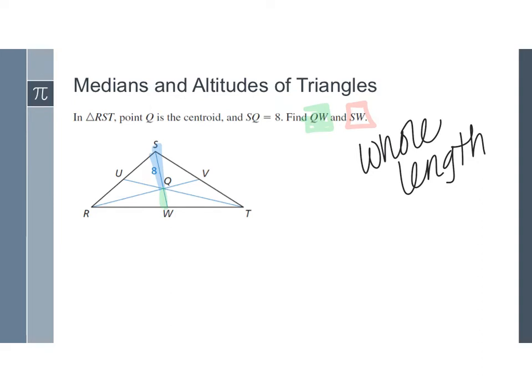I don't know if I'm going to do this significantly more complicated than normal, but let's give it a shot. If SQ is 8, and I know that it's 2/3 of the length, then 2/3 is going to equal 8. My goal is to find 1/3, or the whole length. I think we can do 3 times 8 divided by 2.